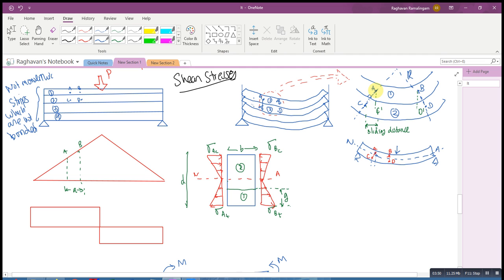Rather, it will lie along the same vertical line on which A lies. So if it was bonded, this point C should be over here.